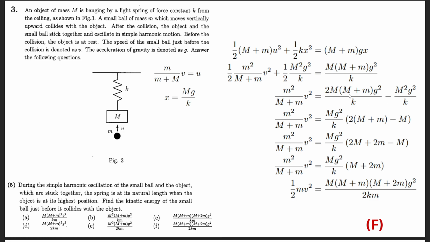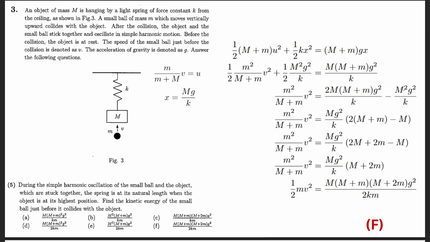And we can factor out m g squared over k. So we are left on this side with 2 (M plus m).